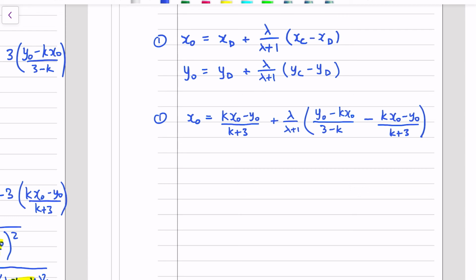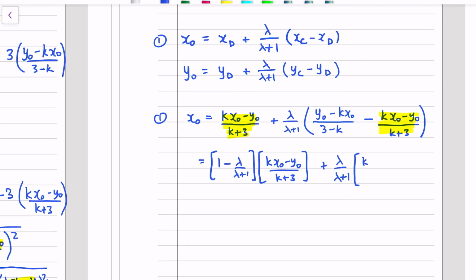Okay, and this simplifies because we've got one lot of this thing here minus lambda over lambda plus 1 times the same thing. So 1 minus lambda over lambda plus 1, all times (kx0 minus y0) over (k plus 3), plus lambda over lambda plus 1, and I'm going to write this term the other way around, (kx0 minus y0) over (k minus 3).